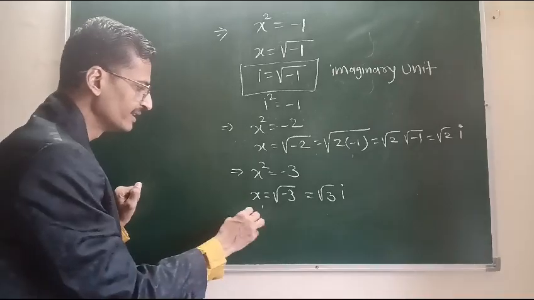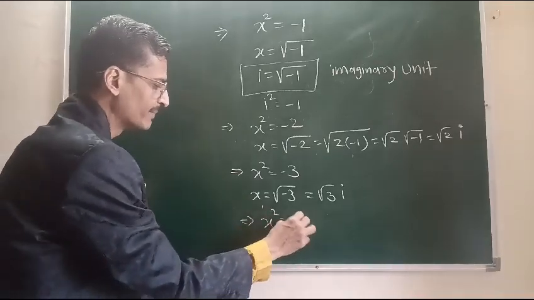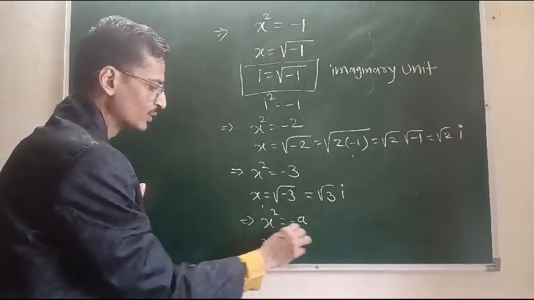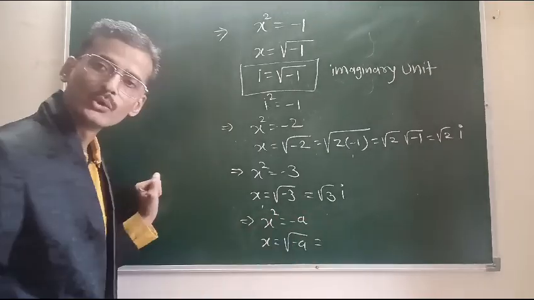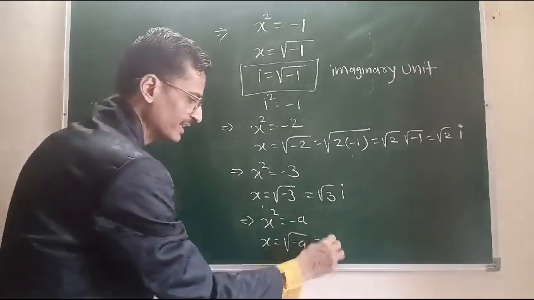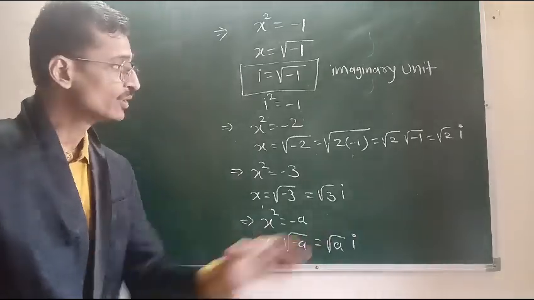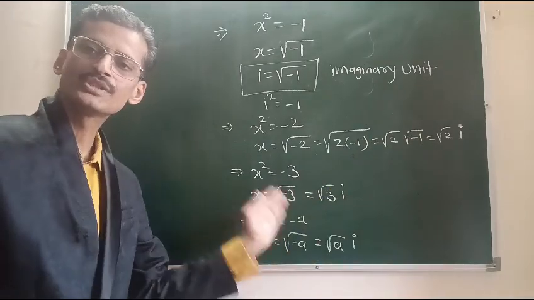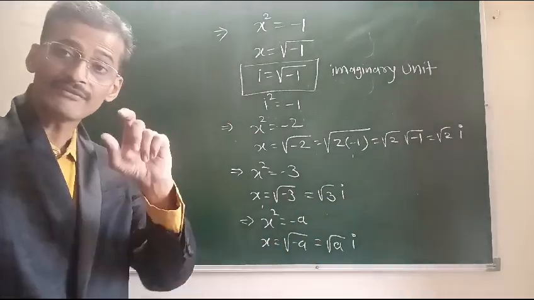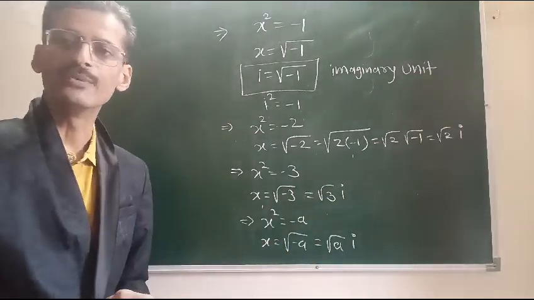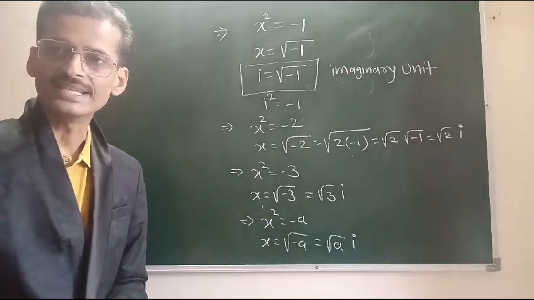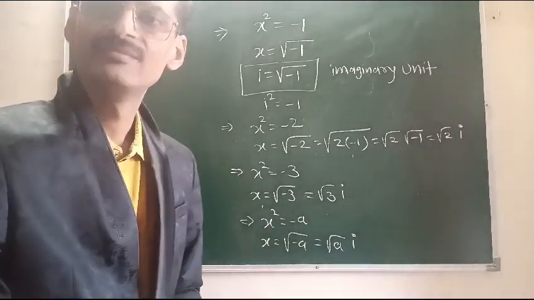So in general, suppose x square is given as minus a. So x is root of minus a, and root of minus a we can write as root a into i. So all these numbers are now i into some real number. If i into some real number is given, that is called an imaginary number.